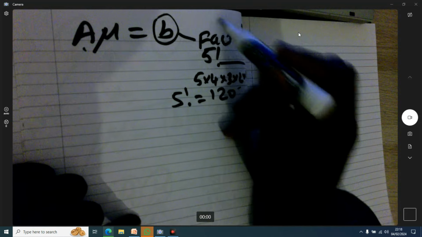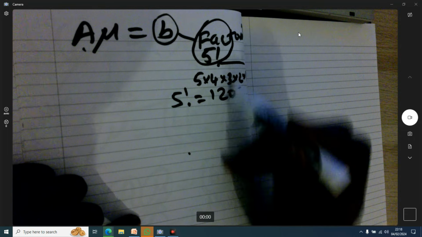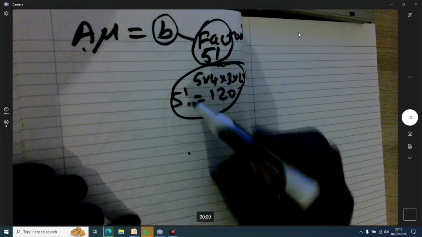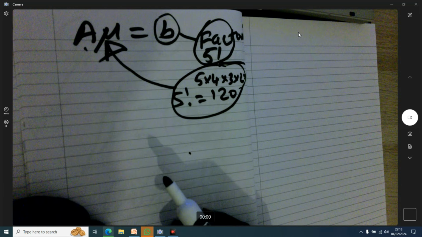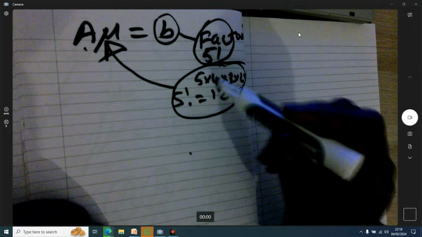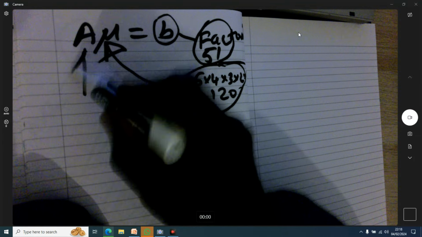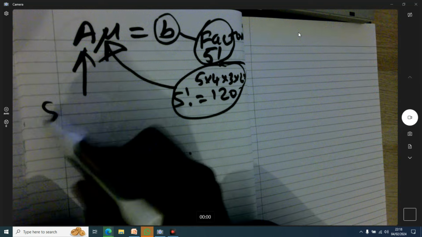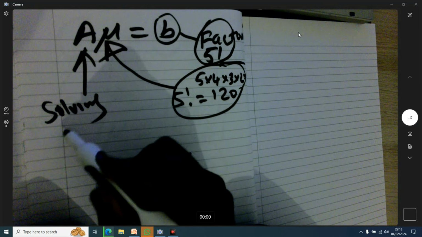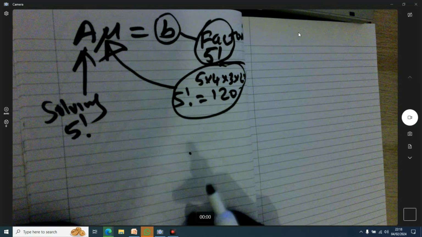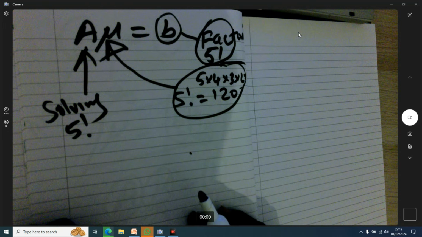Now, this is what we want to do. This is how to do it. And this how to do it, my friend, is what this new is all about. And what to do is the problem, like solving 5 factorial. So a stakeholder can come with a statement that I want a system to solve 5 factorial.